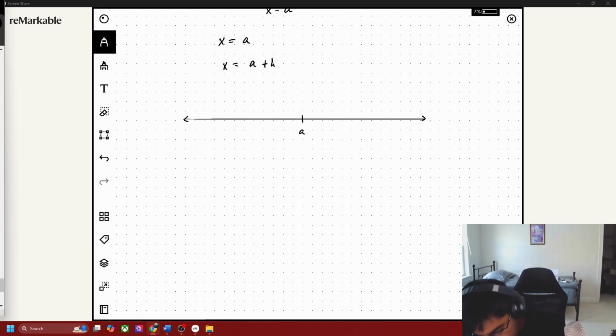Instead of having different x values here, you can just have x equals a plus h on this side, and x equals a plus h here. But the only difference is, for here, h is going to be greater than 0, and for here, h is going to be less than 0.